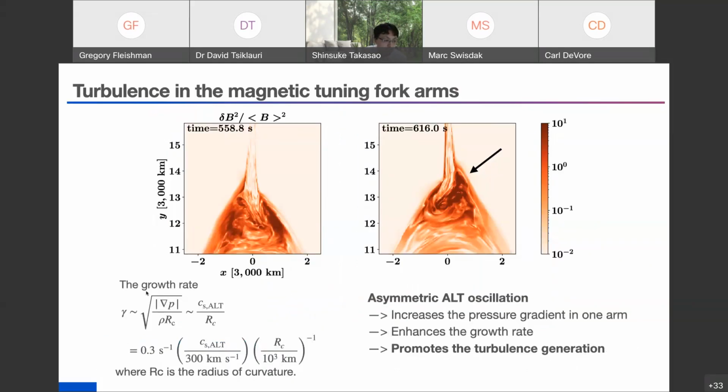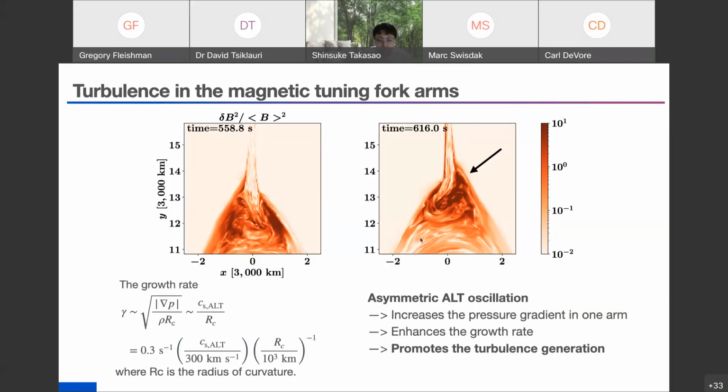The reason would be related to the formula of the growth rate. The growth rate of the ballooning mode or pressure-driven instability is written like this. So basically the growth time scale is the sound crossing time.